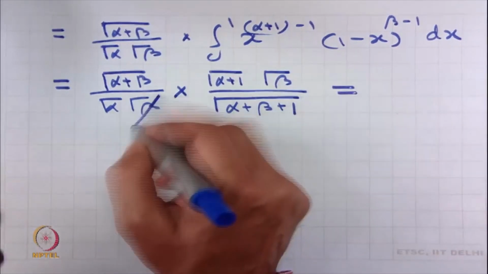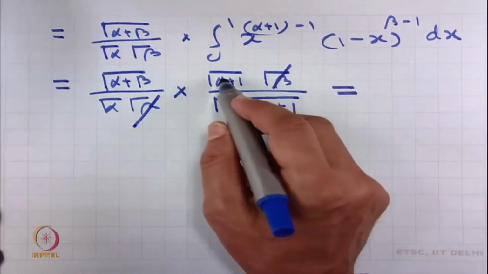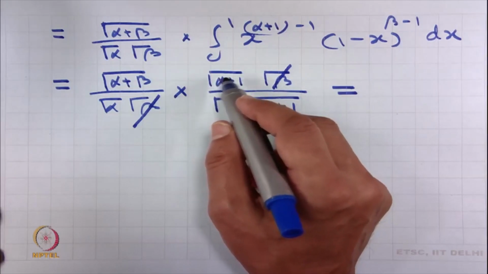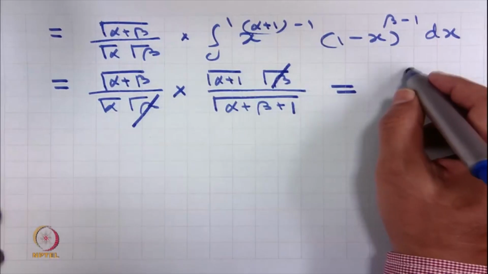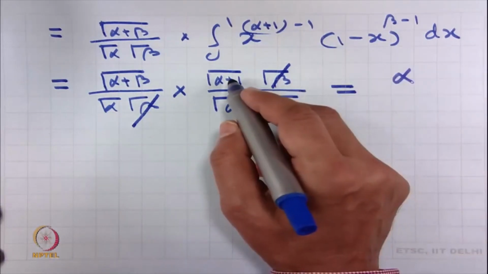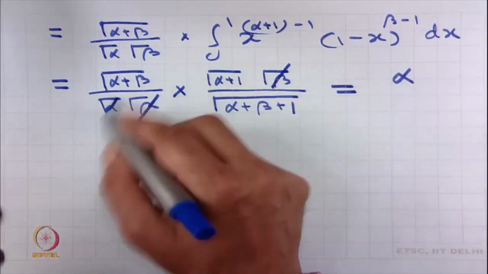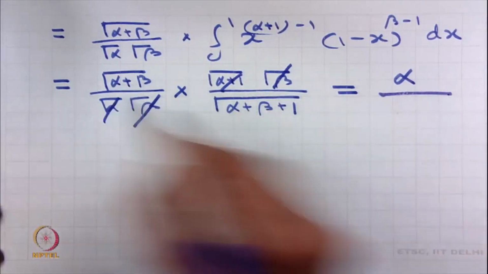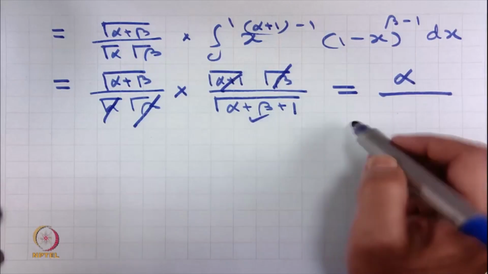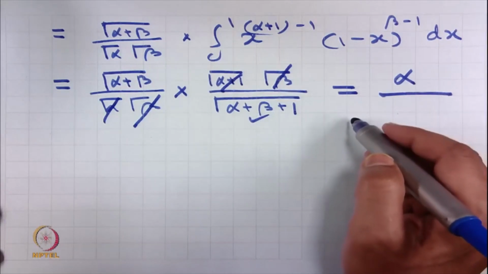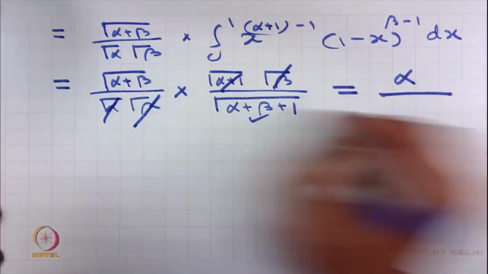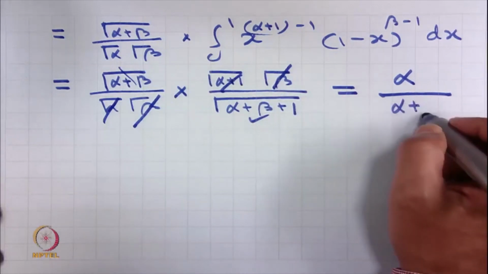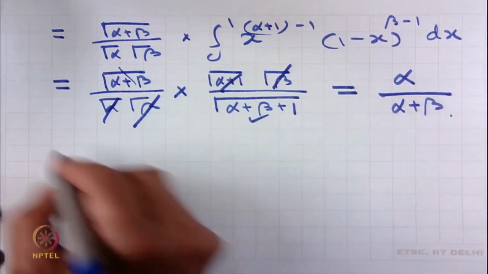This cancels, and we know that gamma alpha plus 1 is equal to alpha times gamma alpha. So that cancels this gamma alpha, and we are left with alpha. In a similar way, gamma alpha plus beta plus 1 is equal to alpha plus beta into gamma alpha plus beta. So this gets cancelled and we are left with alpha plus beta.